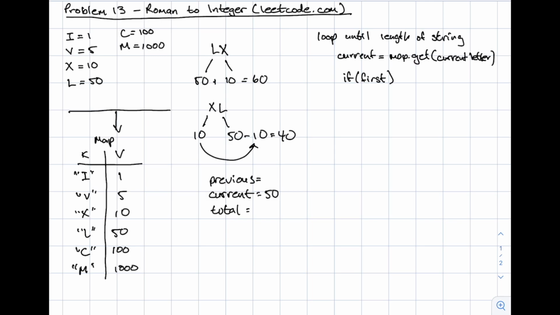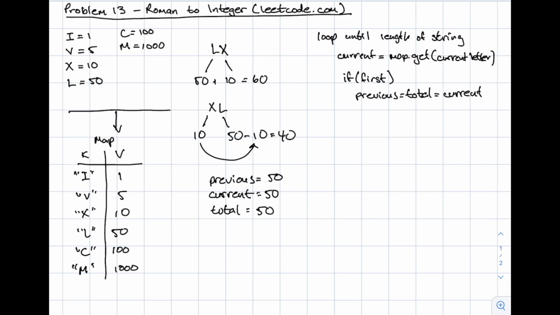Sorry about that, guys. We then assign the previous, which is going to be equal to the total, which is going to be equal to the current. And in this situation, the previous value is now 50, and the total is now 50.